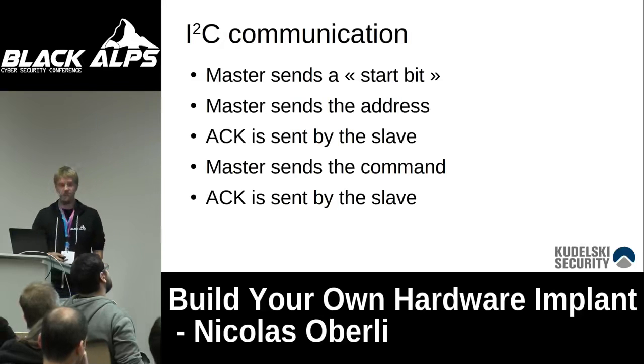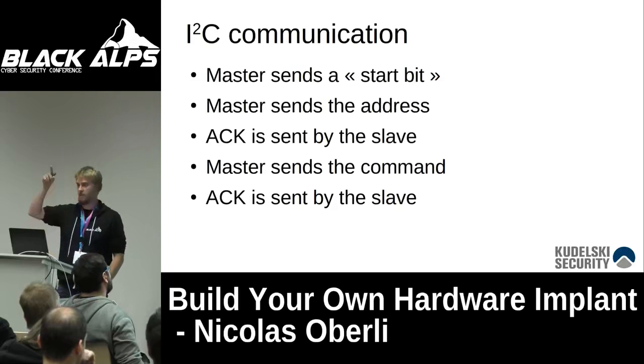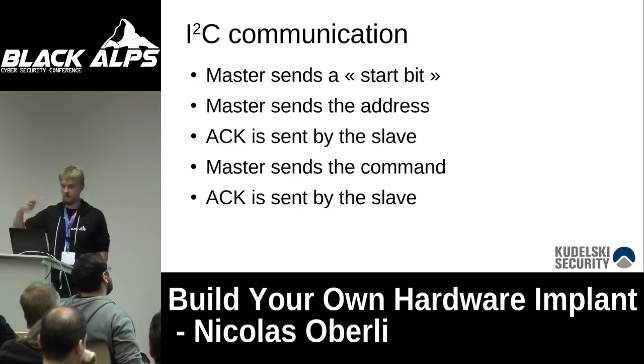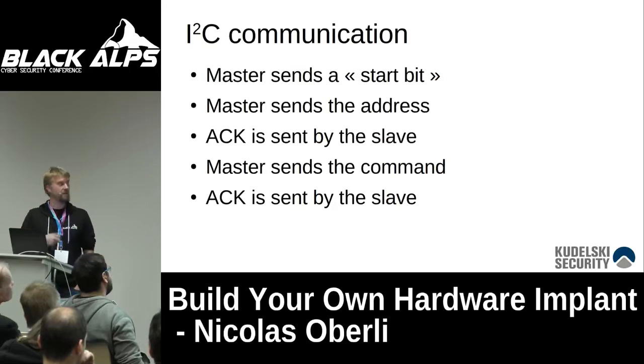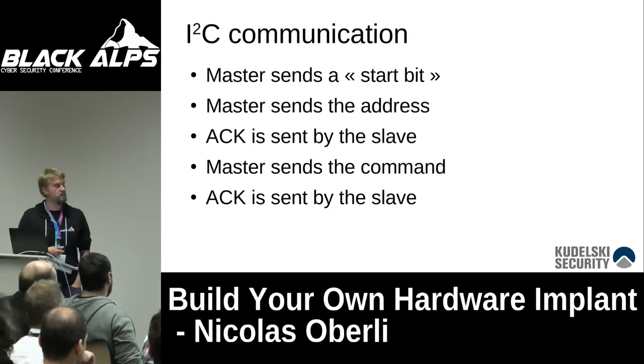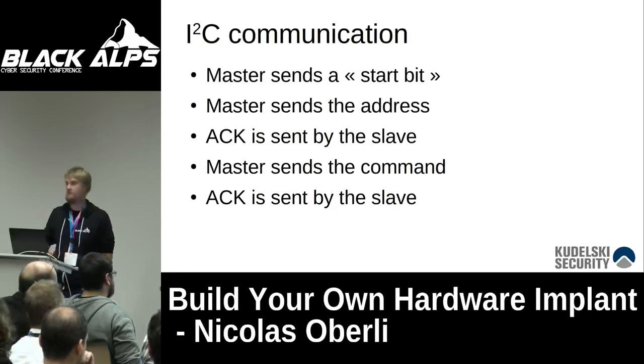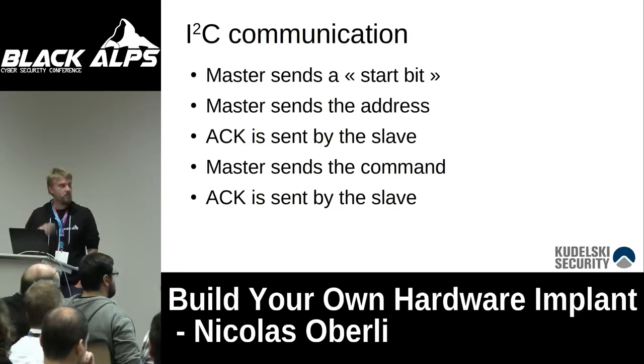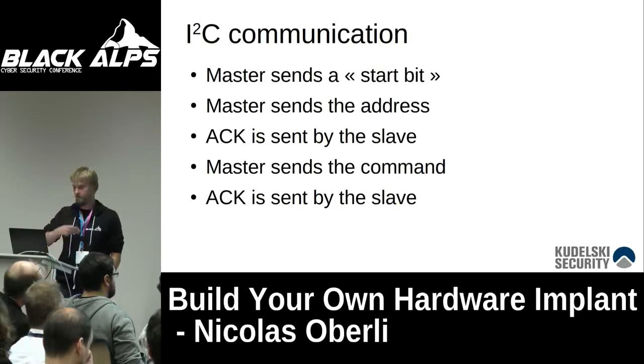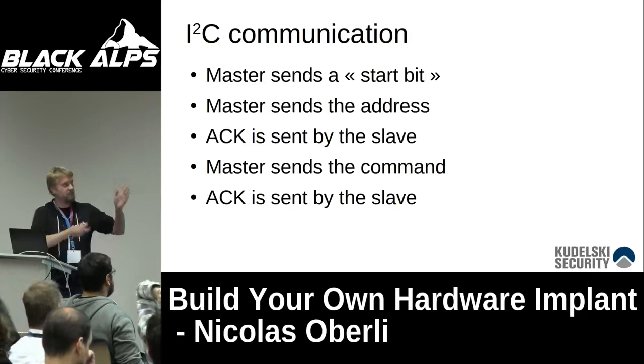And once it's done, the master needs to send the commands, so it will send clock pulses and the zeros, the ones, etc. And after each 8 bits, the slave needs to send an acknowledge. So you can basically follow the communication using that specific way.